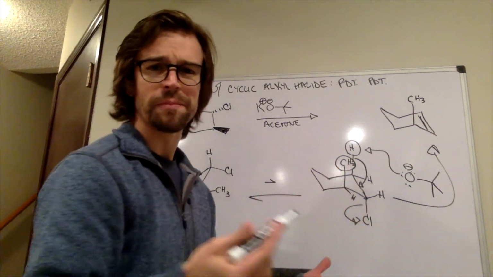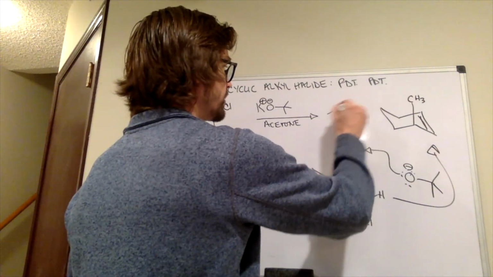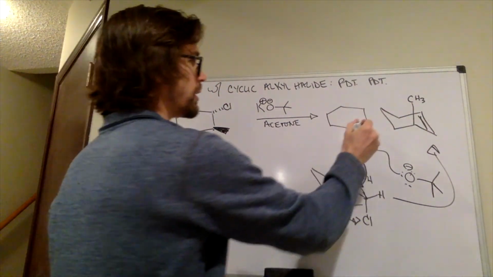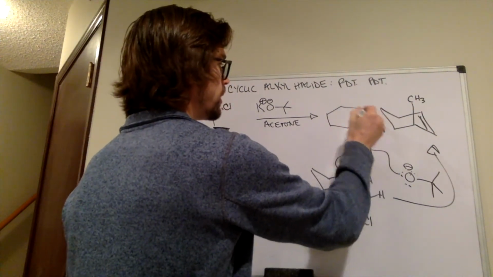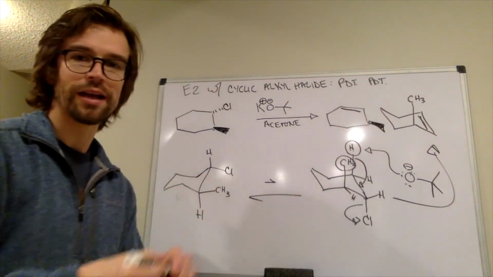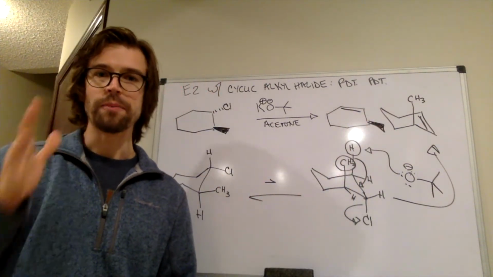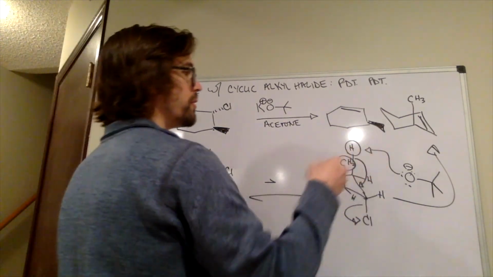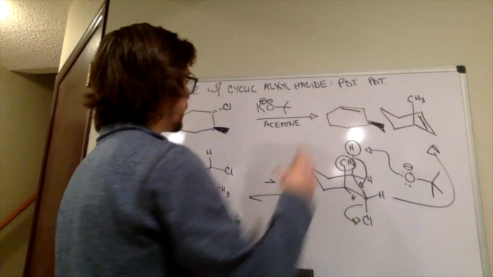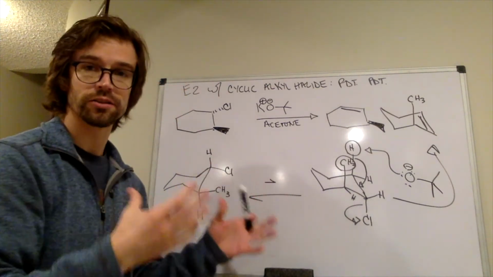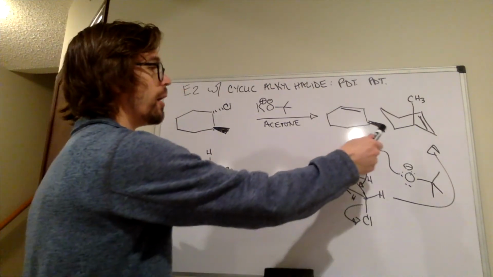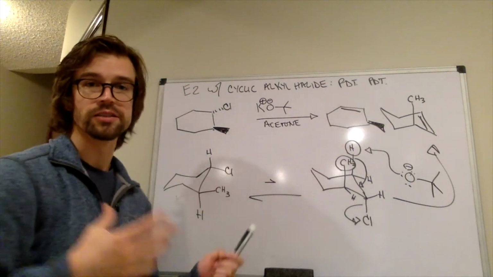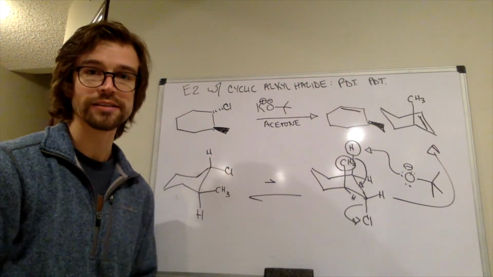So what's unique about this situation? Well, we talked about Zaitsev's rule, that the more substituted alkene is the alkene that forms, but this breaks that rule because that is only possible if we have an antiperiplanar hydrogen. This is this structure as a planar skeletal structure, and you see that the di-substituted alkene is the one that formed, not the tri-substituted.